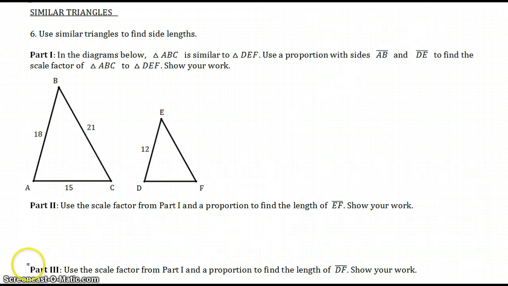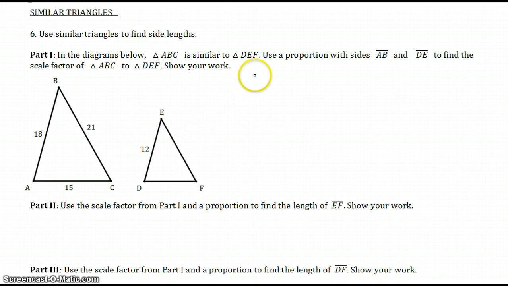For similar triangles, we need to figure out in this picture, we know that triangle ABC is similar to triangle DEF, and we want to use a proportion with sides AB and DE to find the scale factor of triangle ABC to triangle DEF.